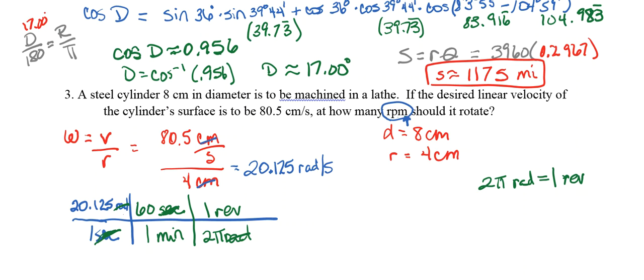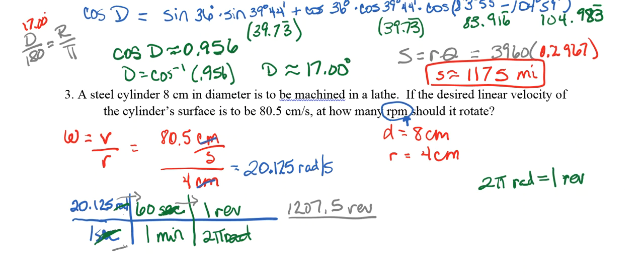So now I'm just going to do any multiplication I need. 20.125 times 60 times 1 is 1,207.5, and that's in revolutions.